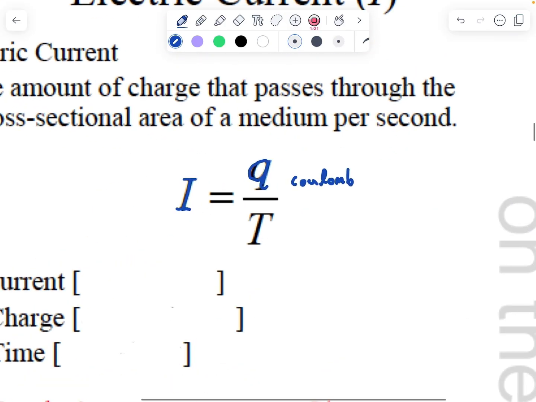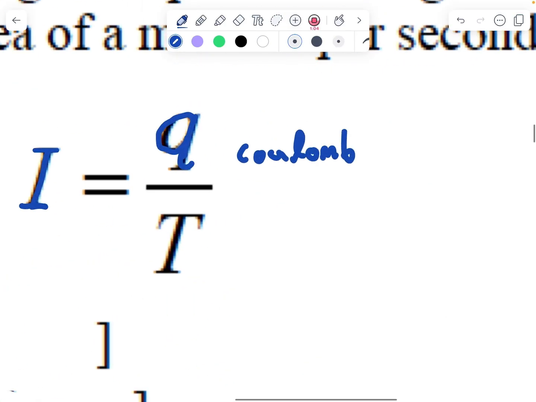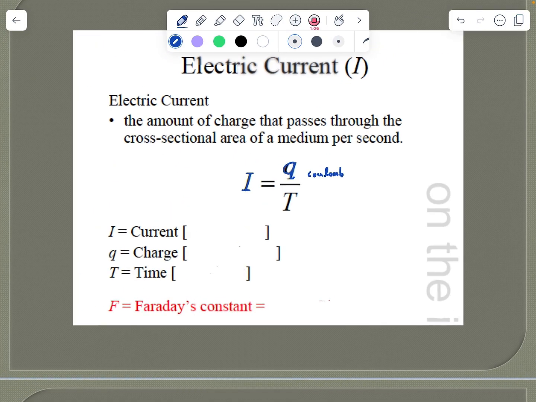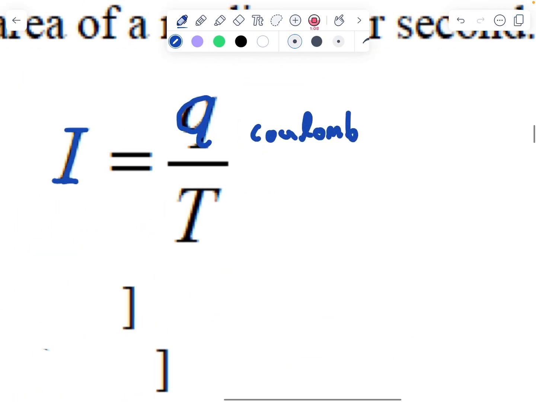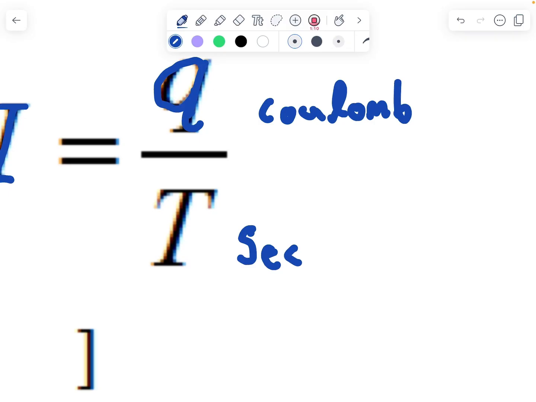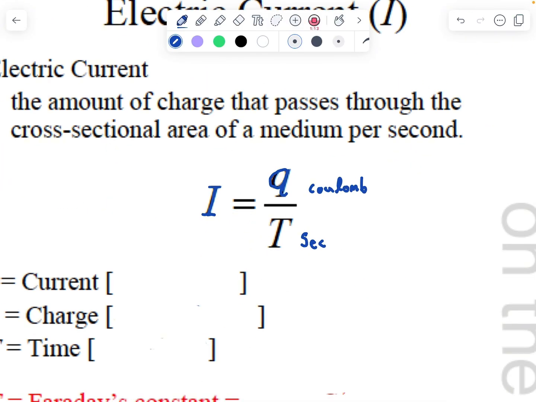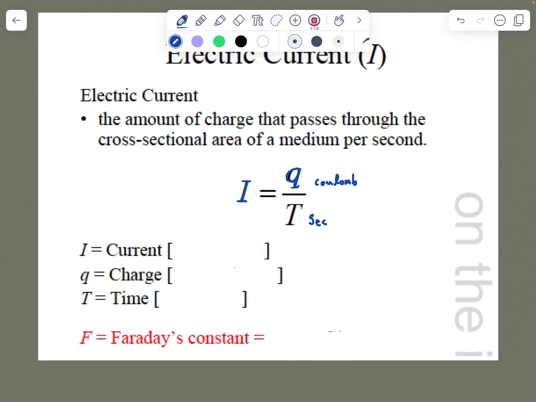And we've already looked at Coulomb's law in Unit 1, so that should sound familiar. And then our time, in chemistry we deal with really small units usually, so this is in seconds. And so a coulomb per second is how we denote the current.